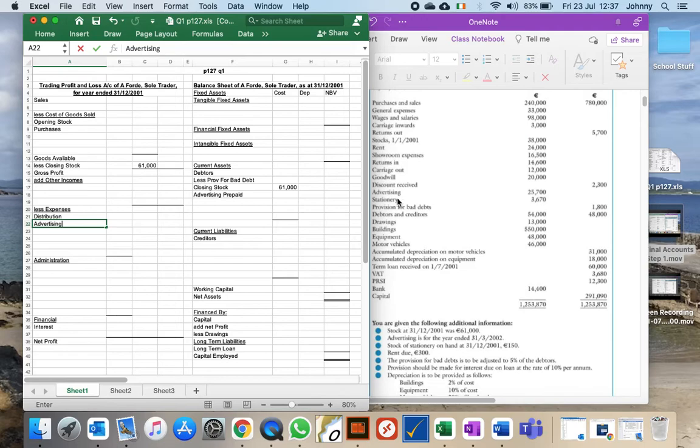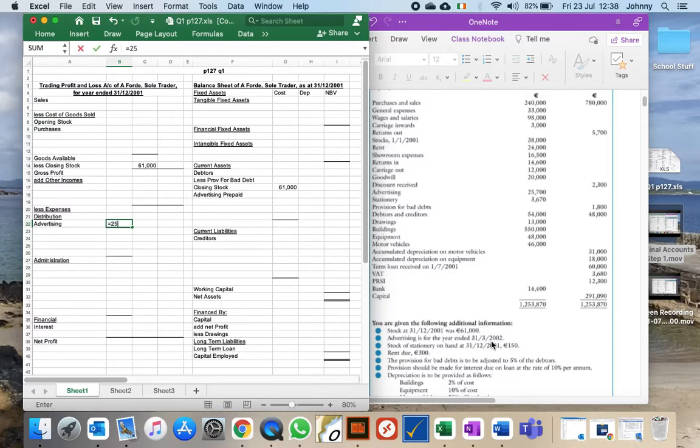Now, the amount of money, if I just read through the question here, it says advertising is 25,700, but not all of that was used up. So the advertising, the 25,700, we're going to use 3/4 of it this year. The reason I got 3/4 is that it's for a year going into 3 months of next year. So we used 9 months of it this year and 3 months of it next year.